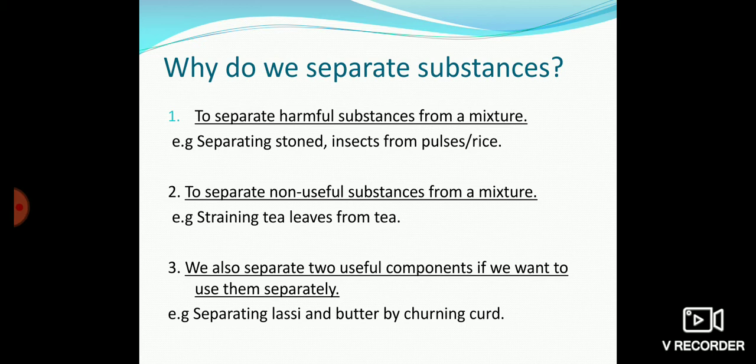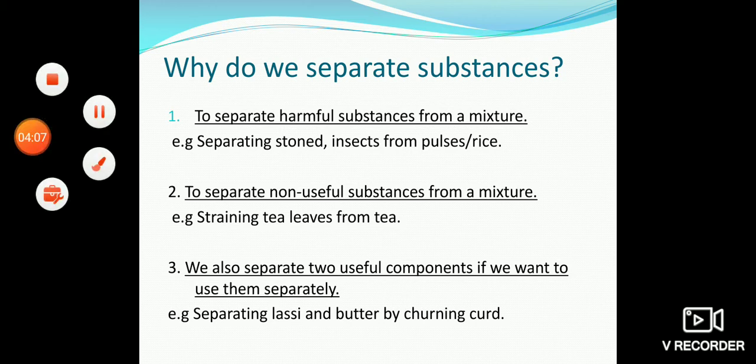For example, straining tea leaves from tea. Third point: we also separate two useful components if we want to use them separately. For example, separating lassi and butter by churning curd. So these are the reasons why we separate substances.